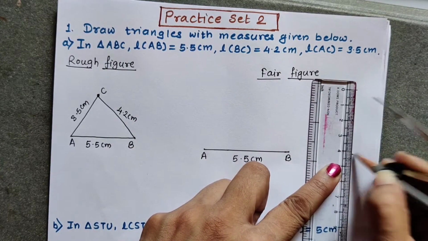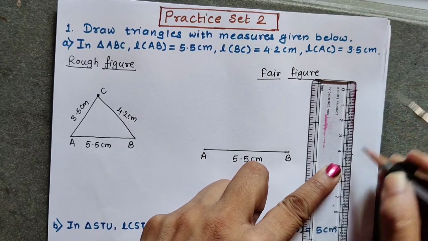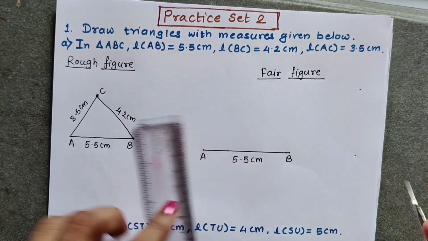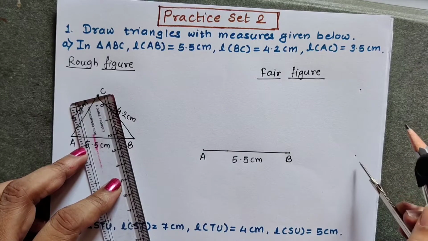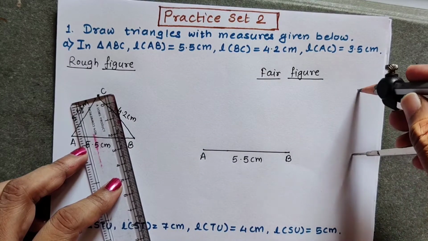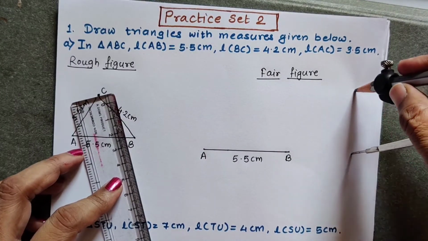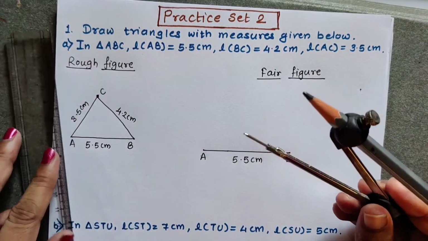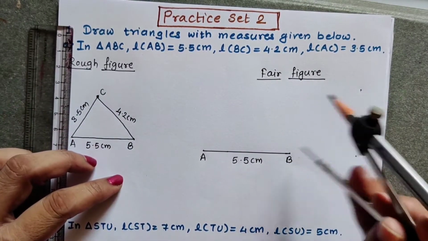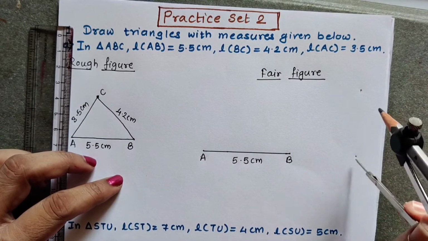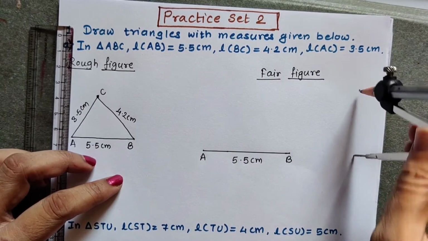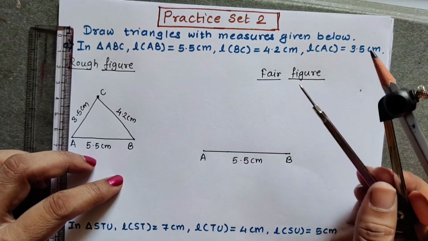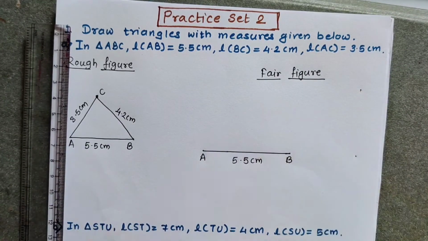The distance between these 2 points is 4.2. I can take it in my rounder, and this way the rounder has a radius of 4.2. The distance between the 2 points is nothing but the radius which we have taken in the rounder. Now what we have to do?